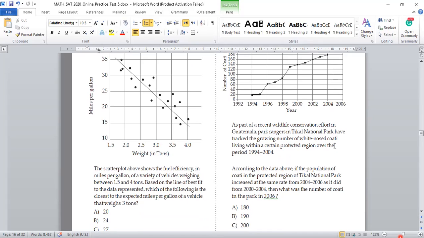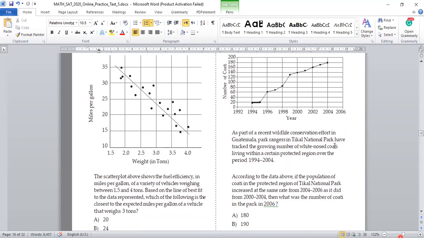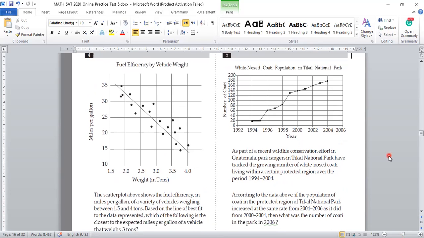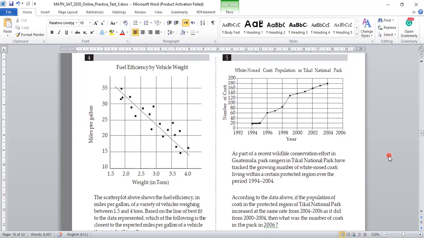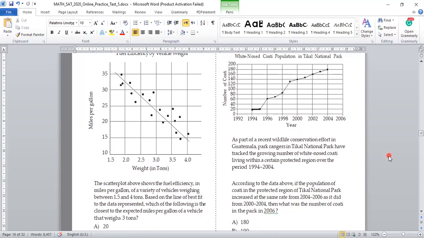Then what was the number for 2006? So actually for every 2 years, it's increasing. How much does it increase? For every 2 years, it increases 20 in the park. So 180, and okay, so your choice is C.